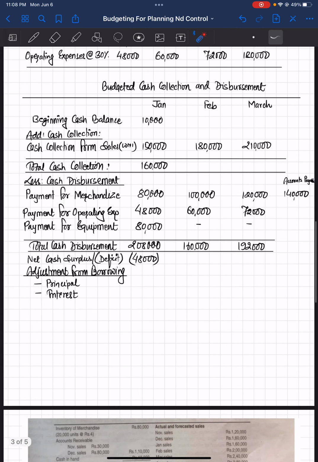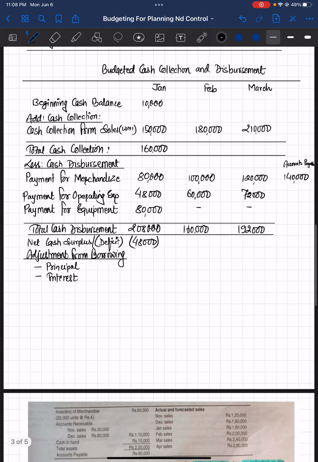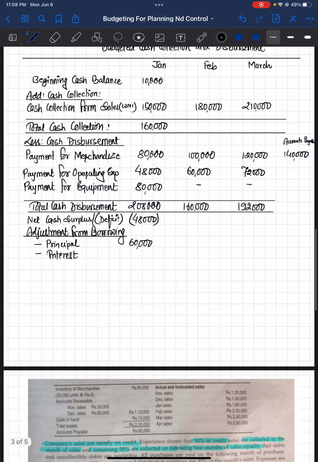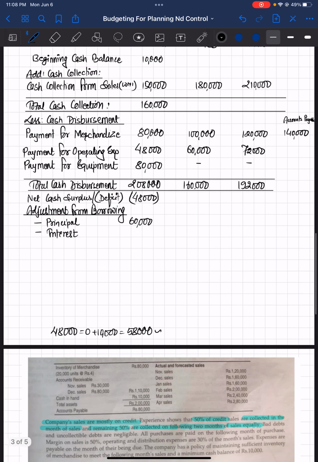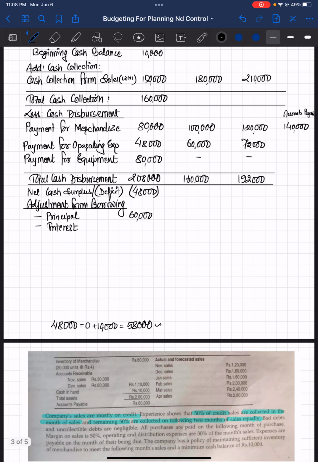So the minimum amount that I need to borrow in this case would be 60,000, right? If I take this 48,000, I come to zero. I need to have at least 10,000 more, so that's going to be 58,000. And if you round it up to the nearest multiple of 5,000, that is going to be 60,000. This is how 60,000 comes up.